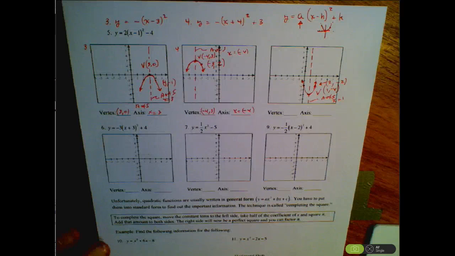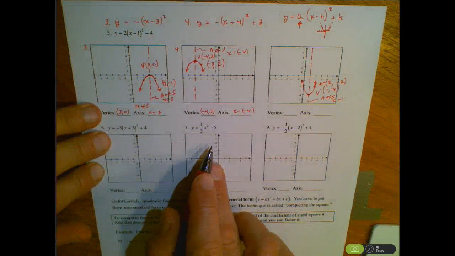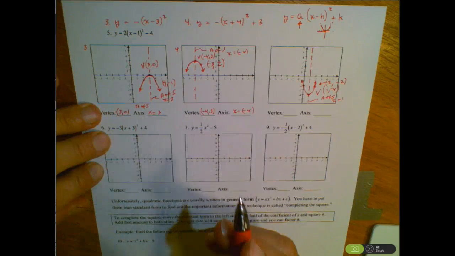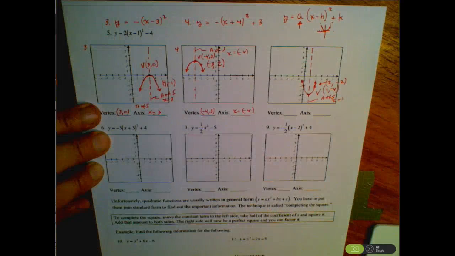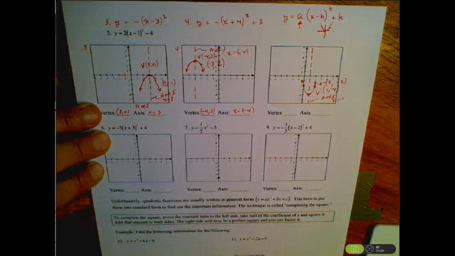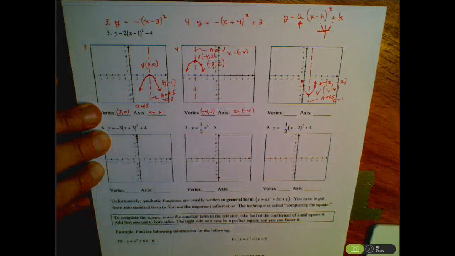I'm going to go ahead and go down, and I'm going to do problem number 7. I'm going to jump there and do that one. Again now, since there is x minus 0, quantity squared, my vertex is going to be at 0, negative 5. So I'm going to plot the point, 0, negative 5. It's going up because a is positive 1/2.